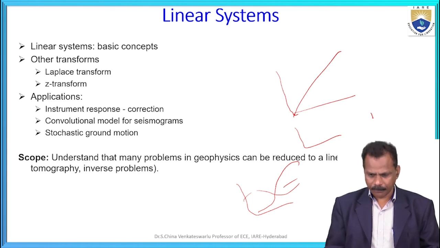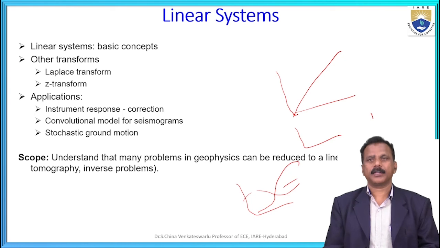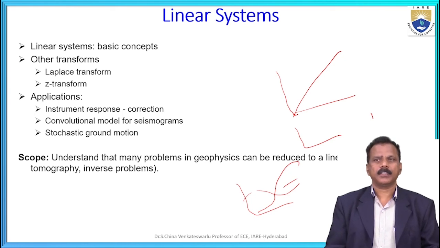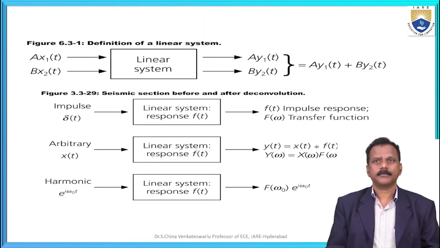So there is a scope for using either linear or non-linear, but the linear system is very much suitable here. Many problems in geophysics can be reduced to a linear system, with the help of filters, tomography, inverse problems and so on.